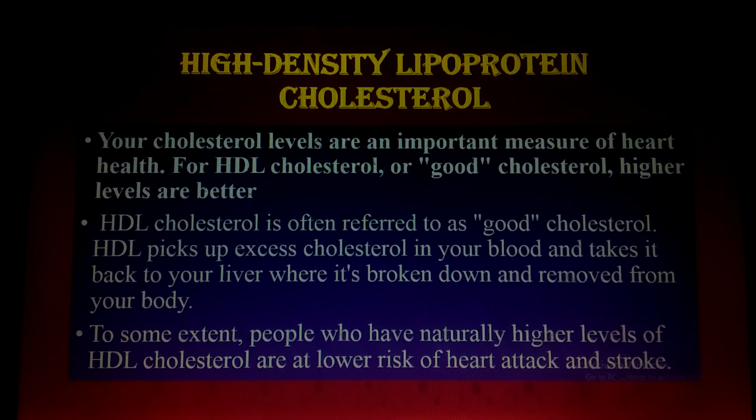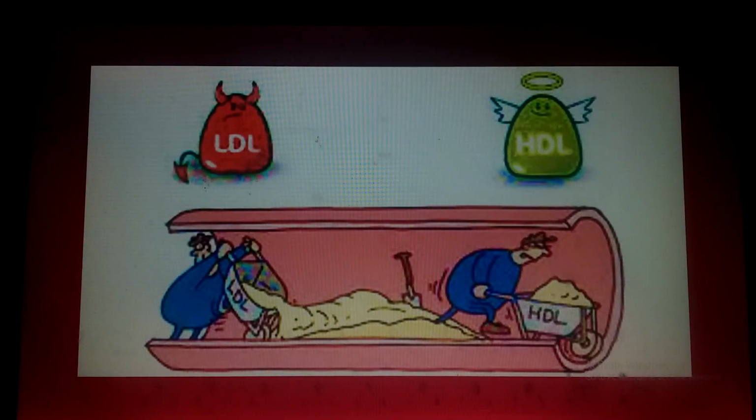And now how it will work in our body, I will show you. LDL brings the cholesterol from the liver to the arteries or blood vessels. And on the other hand, HDL carries this cholesterol from the blood vessels back to the liver, where the oxidation of that occurs and then it is removed from the body.